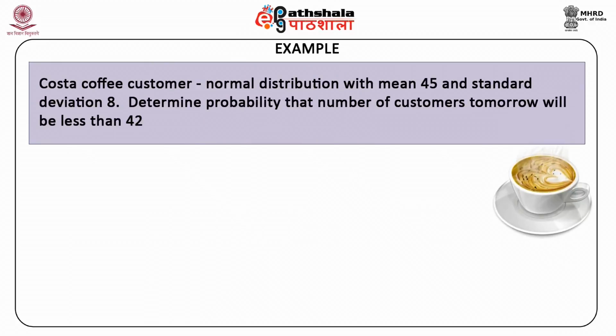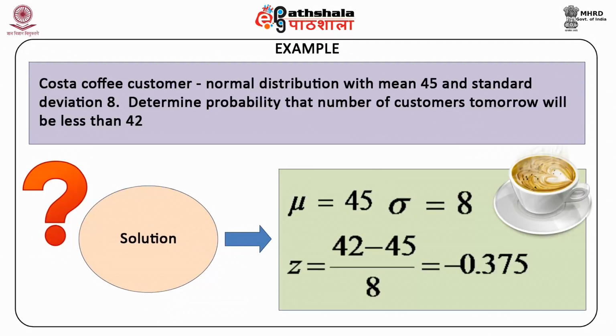Costa Coffee morning customer load follows a normal distribution with mean 45 and standard deviation 8. Determine the probability that the number of customers tomorrow will be less than 42. We first convert the raw score to a z-score. Given mu is equal to 45 and sigma is equal to 8, we get z is equal to (42 minus 45) upon 8, which is equal to minus 0.375.